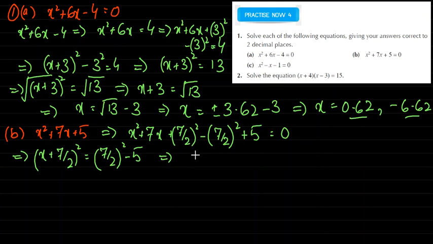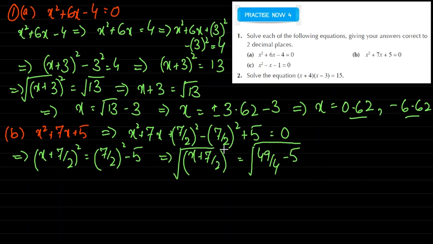So further solving it, x plus 7 by 2, under root, is equal to 7 square, 49, divided by 2 square, 4, minus 5 whole under root, right?